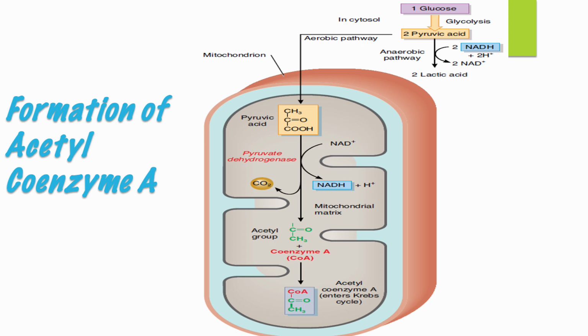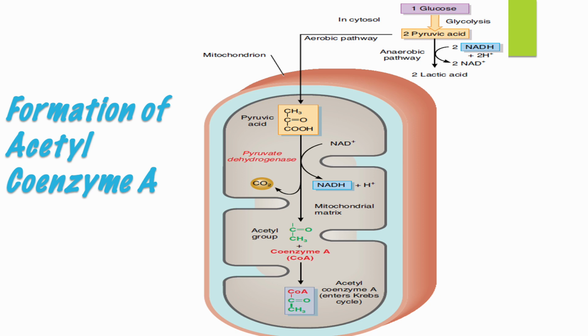The enzyme pyruvic dehydrogenase, which is located exclusively in the mitochondrial matrix, converts pyruvic acid to a 2-carbon fragment called an acetyl group by removing a molecule of carbon dioxide.